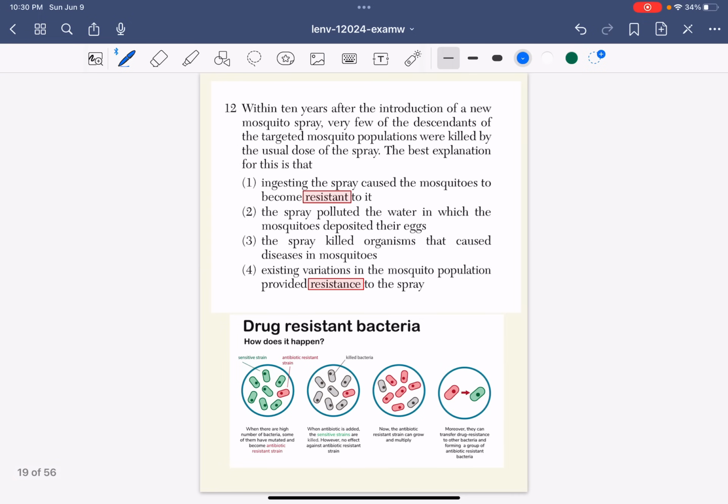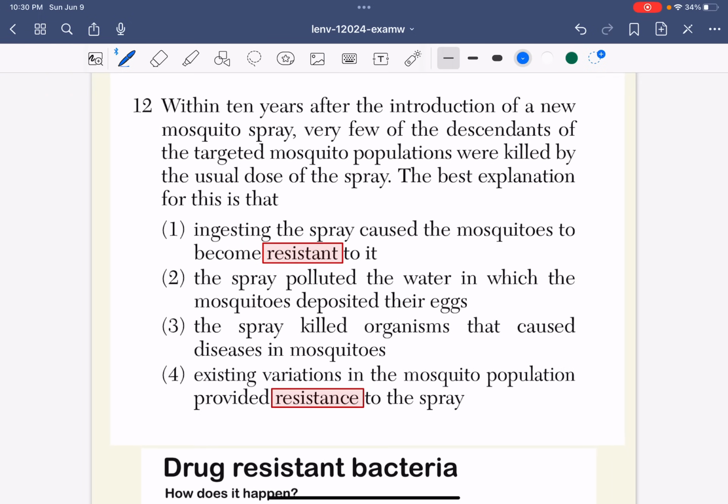Okay, let's take a look at 12. So we're going to have another example of DNA mutation here, of when it's a good thing for the organism. Number 12. Within 10 years after the introduction of a new mosquito spray, okay, let's highlight this real quick. Very few of the descendants of the targeted mosquito population were killed by the usual dose of the spray.